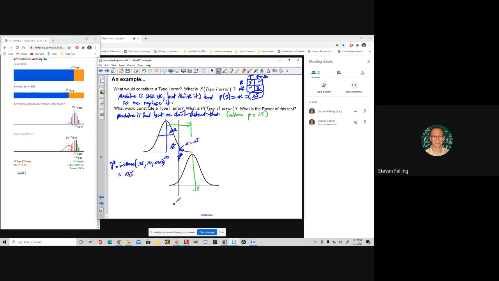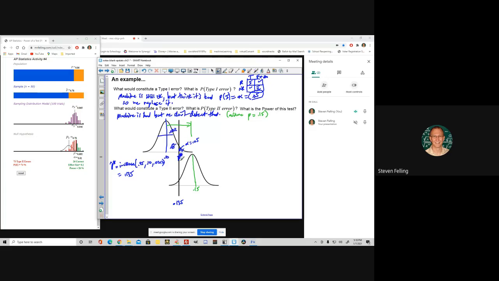So what this is basically saying is the machine would have to produce over 13.5% bad parts before the p-value would get low enough to cause me to reject the null hypothesis and say that the machine was out of tolerance. Anything less than that, I would conclude the machine is okay.